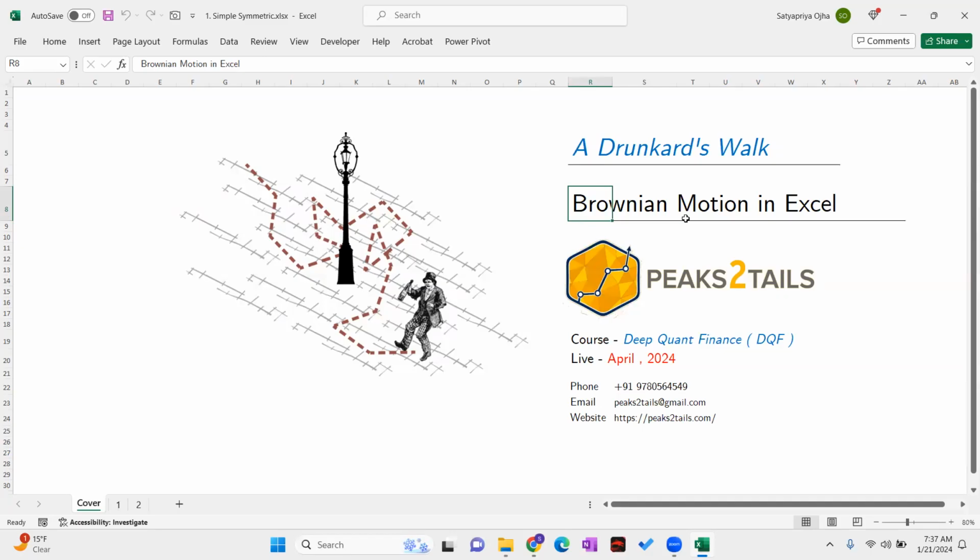Now, let me explain the role of Brownian motion in quant finance. The role of Brownian motion in quant finance is like the same role that salt plays in a recipe. Brownian motion to quant finance is like salt to recipe. It's that important. I'm not exaggerating. Brownian motion sits at the heart of quant finance. In all the modern day financial engineering applications that you have today, for example, pricing, risk management, trading, etc., probably the first equation that you write involves Brownian motion.